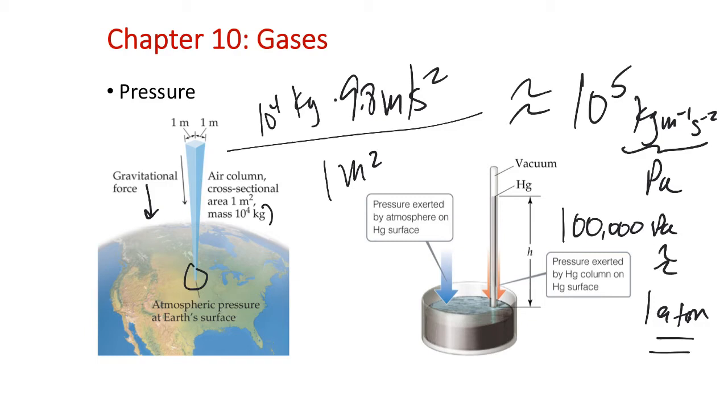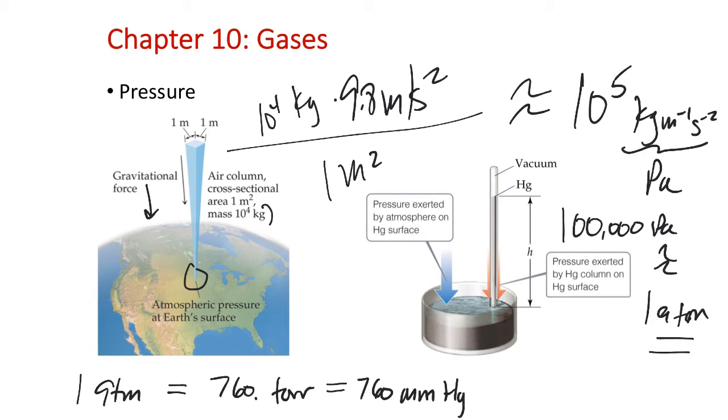Now we can give some more precise conversion factors. We're not always going to deal with different pressure units, but a few times in this chapter we might see a few different units for pressure. So 1 atm is exactly equal to 760 torr, so that's exact. It's also equal to another unit that's synonymous with torr, millimeters of mercury. So two different ways of really saying the same unit.